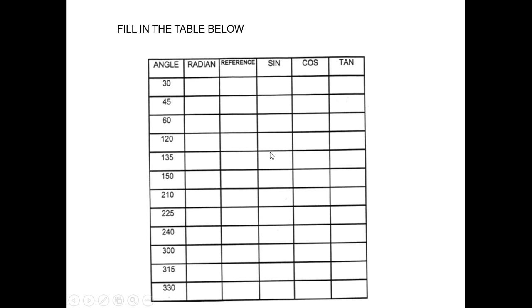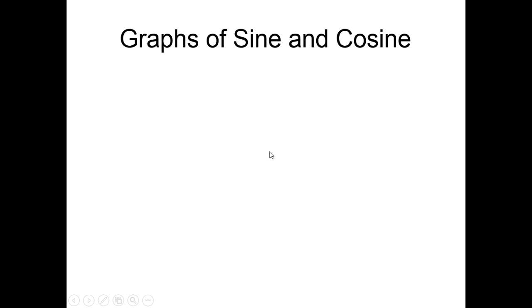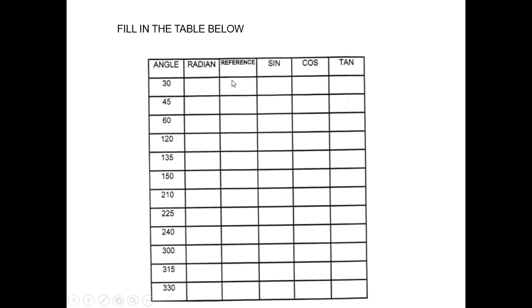Now, doing that would enable us to fill in this chart. We'll not worry about the radian values right yet. We'll take that into consideration in one of the next videos. So the reference angles in quadrant 1 are just the angles themselves. Again, what's the reference angle to 120?